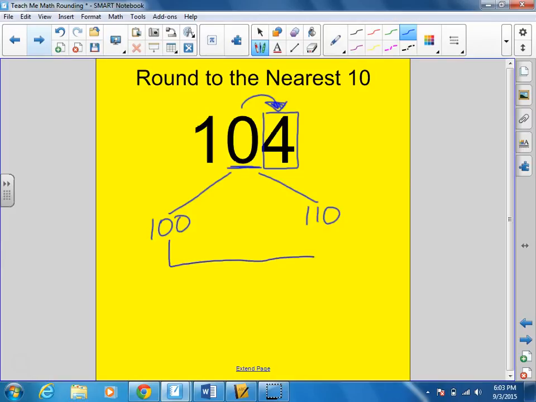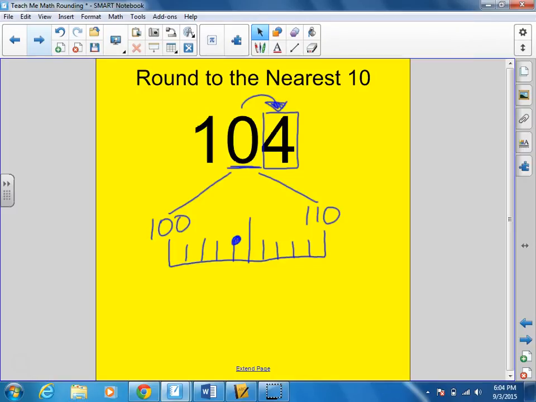After finding the benchmark numbers, we simply create another number line: 100, 101, 102, 103, 104, 105, 106, 107, 108, 109, 110. We locate 100, 1, 2, 3, 4, where our 104 will be on the number line. And just as always, count the number of jumps.